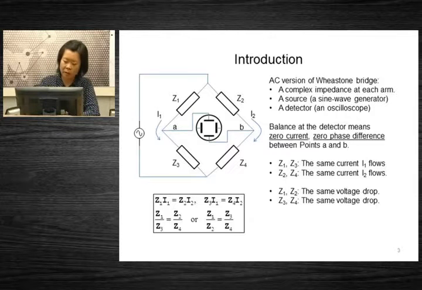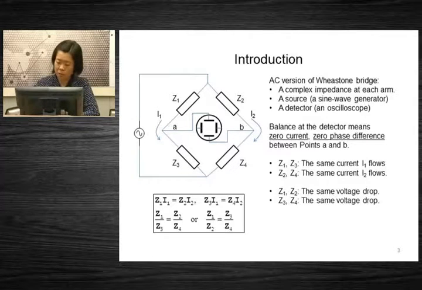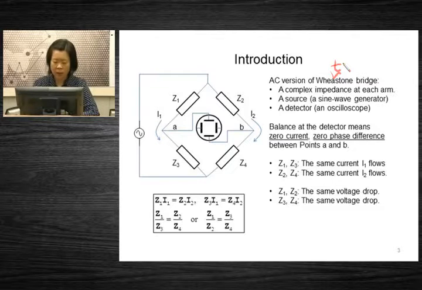The figure on the left is a version of the Wheatstone bridge. This Wheatstone bridge is very similar to the version you learned from DC circuit analysis. So let's look at this figure closely.